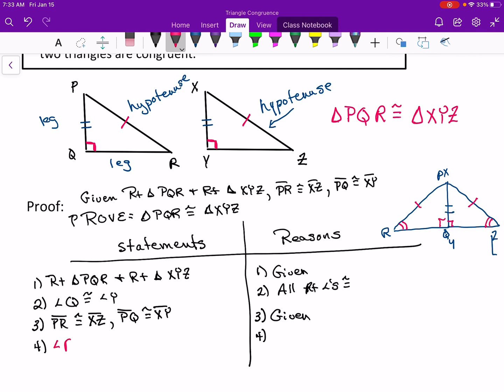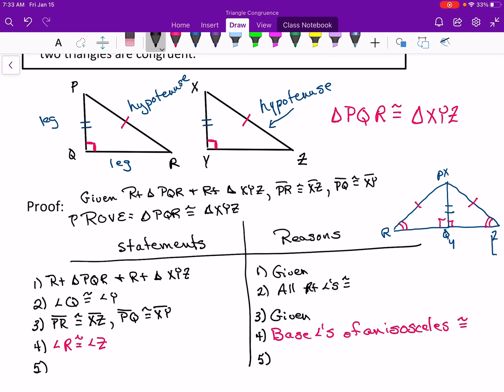So angle R is congruent to angle Z, because base angles of an isosceles triangle are congruent. We proved that when we were talking about isosceles triangles. Step 5, we are there, folks.